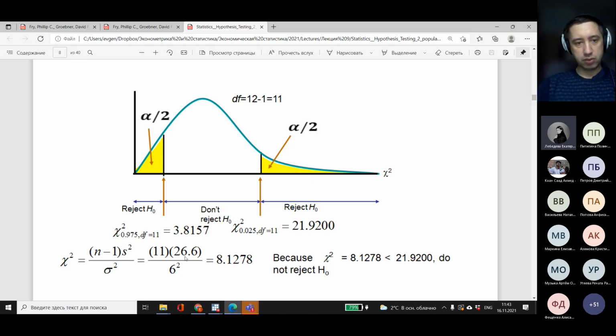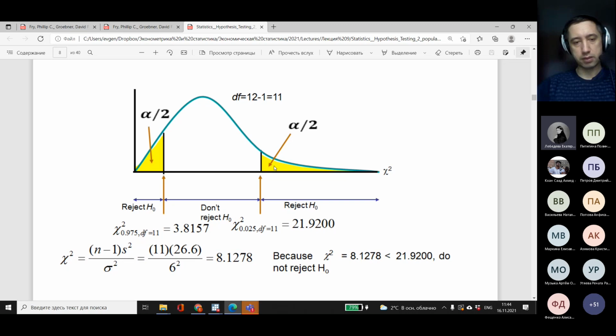We have to divide alpha by 2. For example, our alpha is 0.05, hence alpha divided by 2 is 0.025. Find this value in the table, as usual, using 11 degrees of freedom: it is 21.92.